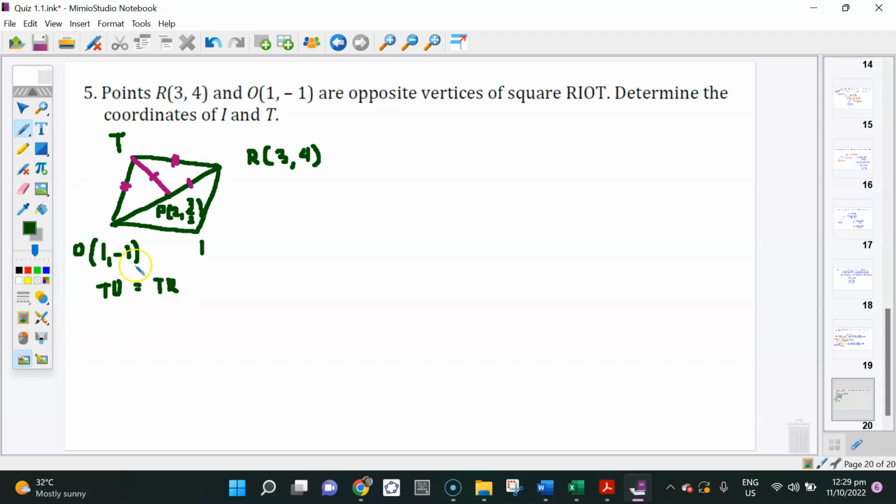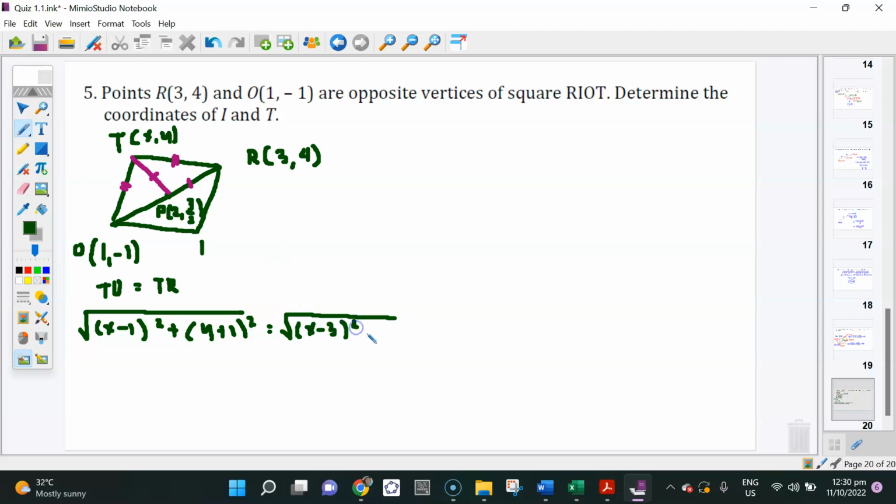Since TO equals TR, let's set it up. Let's say the coordinates of T are (x, y). So that will be the square root of (x minus 1) squared plus (y plus 1) squared, equals TR, which is the square root of (x minus 3) squared plus (y minus 4) squared.